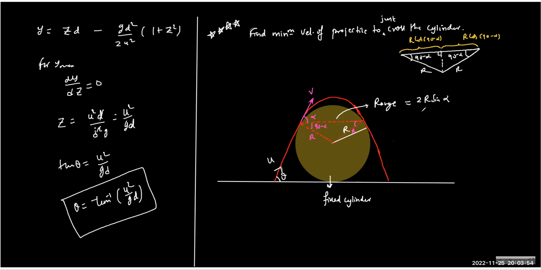Tell me yes or no. Hello. Yes, sir. Is the range part clear? Why am I writing 2r sin alpha?